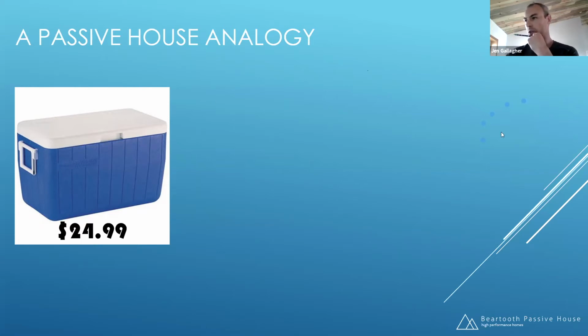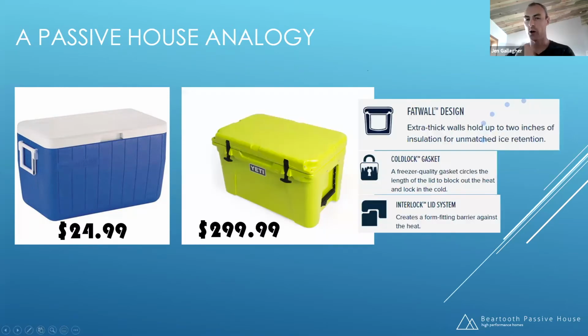Passive House is the Yeti cooler. The concepts are super simple. When you think about the difference between a Coleman cooler and a Yeti cooler, they pretty much look the same. Yeti throws some cool colors in there, but for the most part, they've got a bottom, sides, and a top.